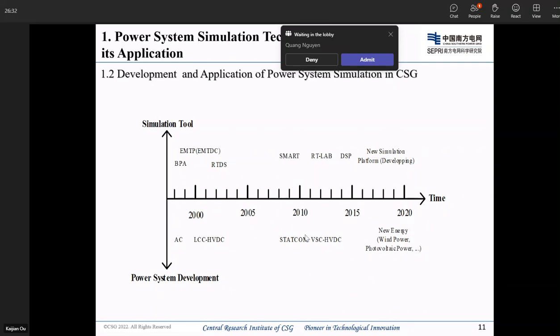And in about 2010, we had STATCOM operation and also VSC HVDC.